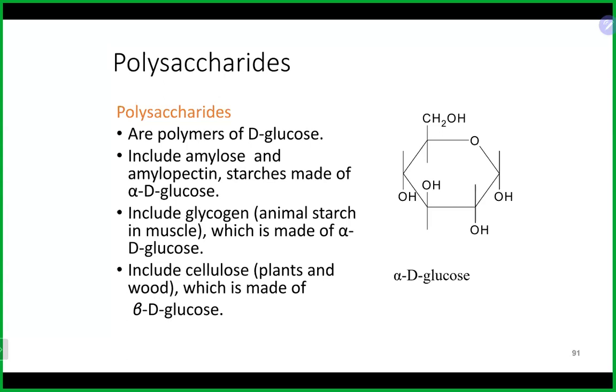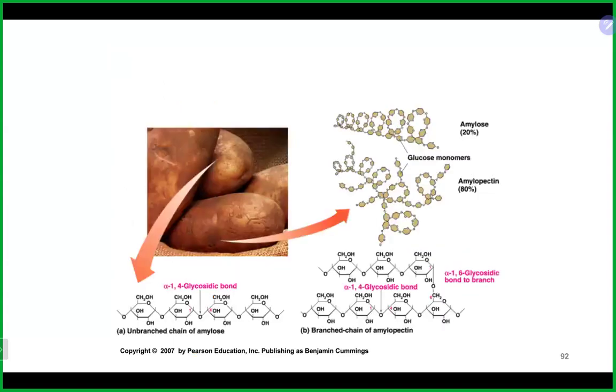They also include cellulose, which is in plants and wood, made up of beta D-glucose. So a lot of it is just a bunch of these put together, linked through those glycosidic bonds from the removal of water.